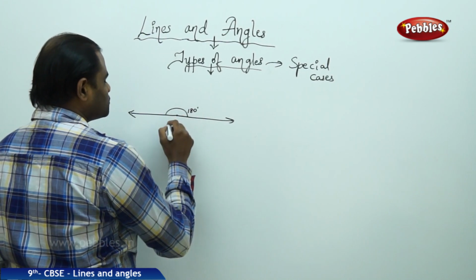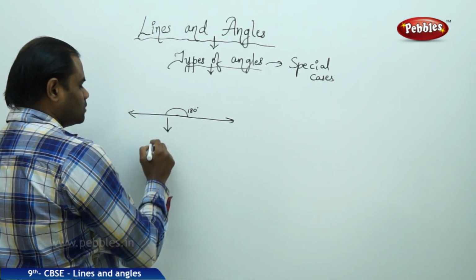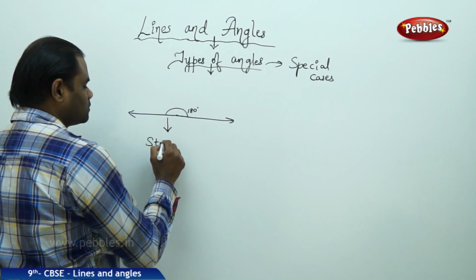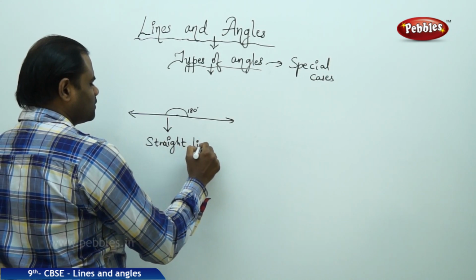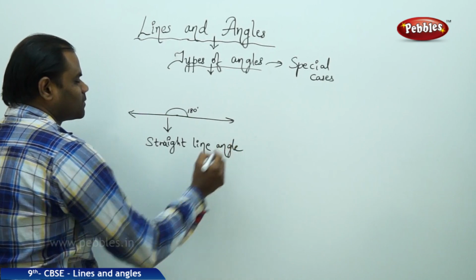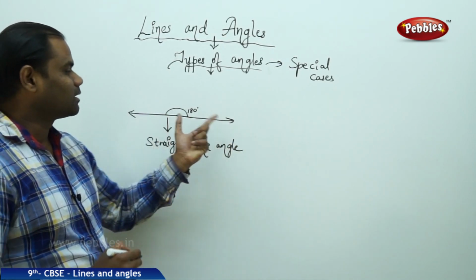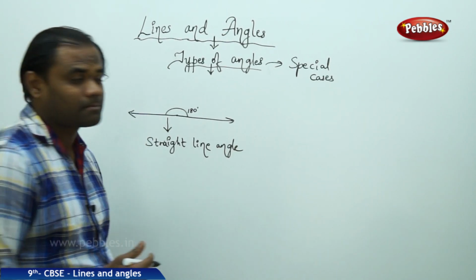So when the angle is 180, that angle is called a straight line angle. So such a line is called a straight line angle. This is how we define 180 degrees.